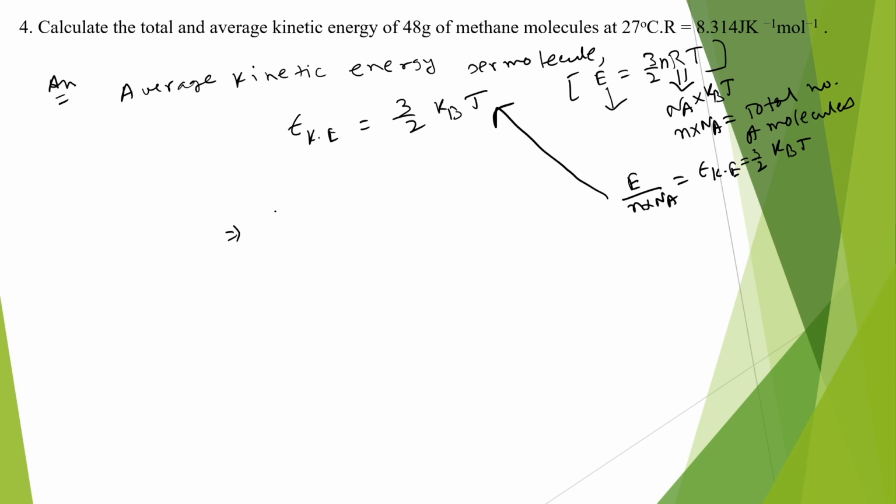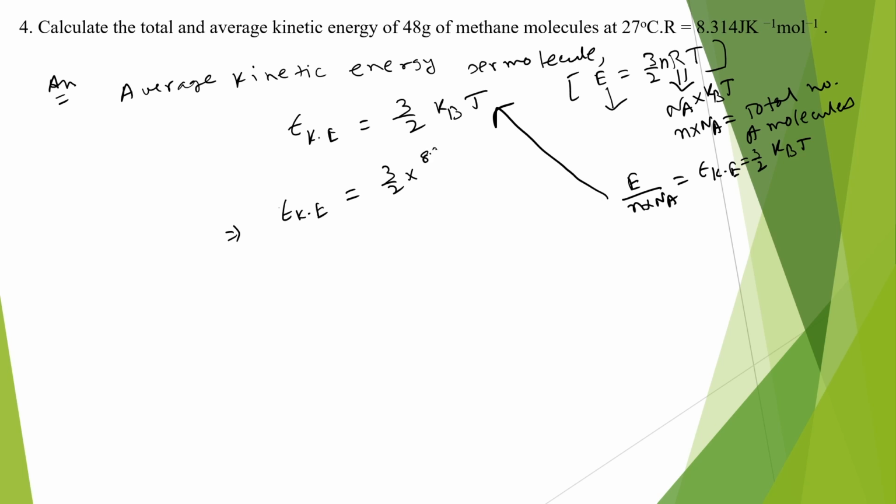So, now you substitute the value. If we multiply this kB by Avogadro number, we get kinetic energy of 1 mole. So, average kinetic energy of a single molecule is 3 by 2 kB, where kB is R by Na, as we just discussed.